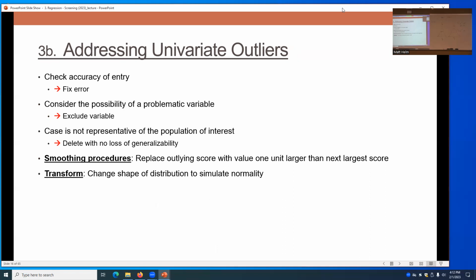Another thing we might want to do is consider the possibility that I have a problematic variable, right? I went through and included a variable in my study, like, oh, this would be kind of cool. Gabe throws this in. He's like, oh, this will be cool to take a look at. But when he actually goes through and screens his data, the variable that would be cool to look at is maybe on a kind of weird scale that doesn't have a lot of psychometric evidence for it. But you thought, oh, maybe we'll collect this.